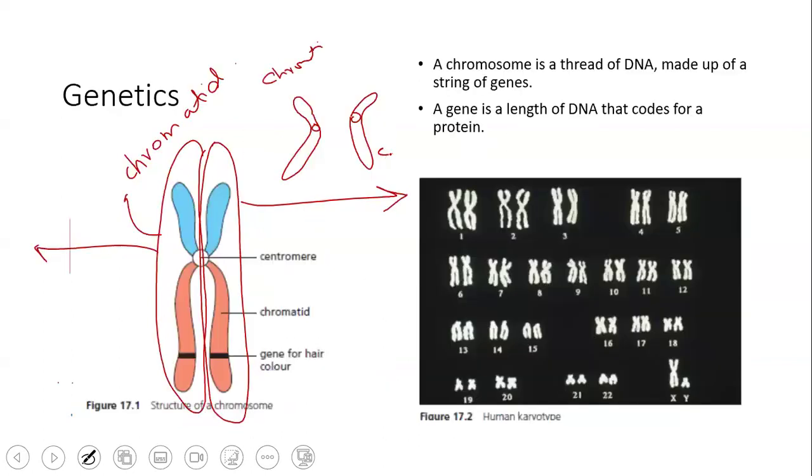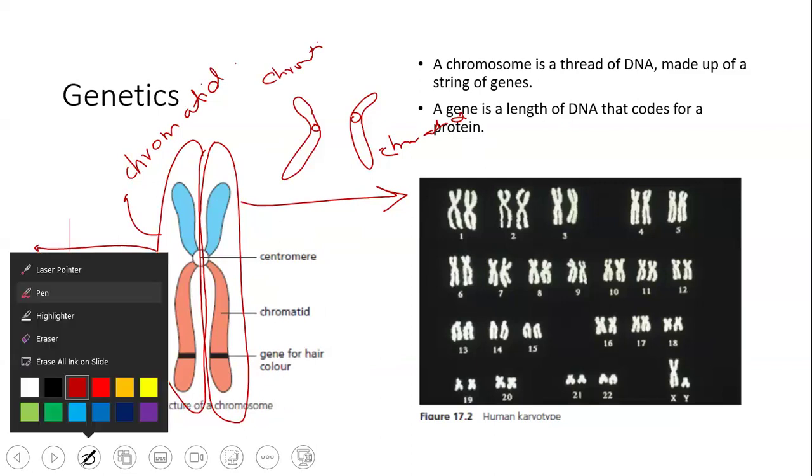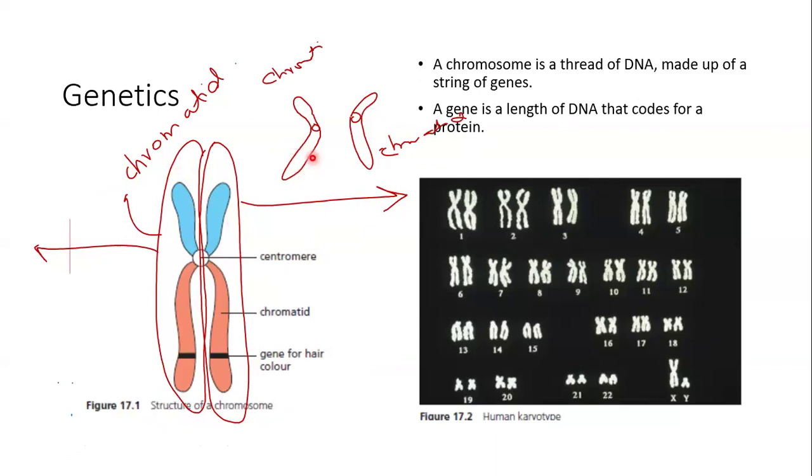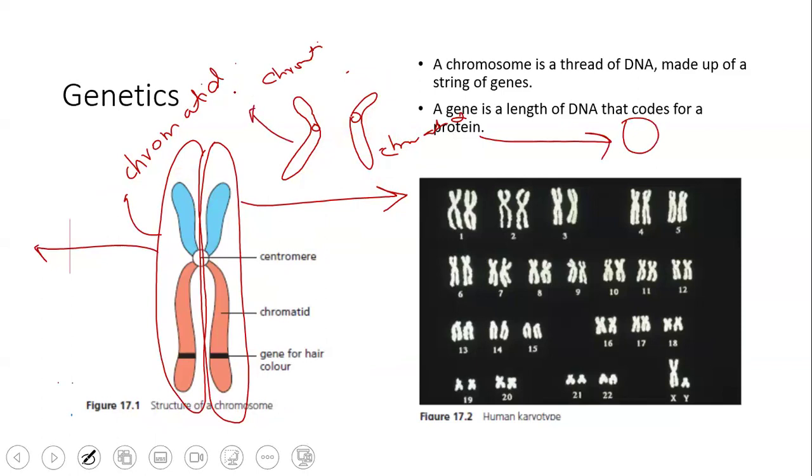Now, since each chromatid has a copy of the DNA, when the cell is going to divide, the chromatids will separate away. One chromatid will go to one of the daughter cells, and this will go to another daughter cell.